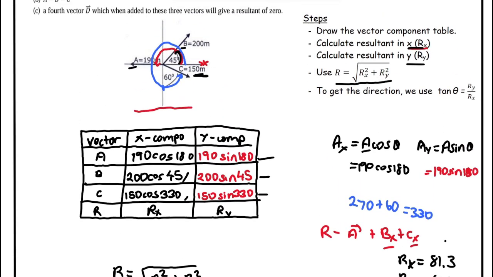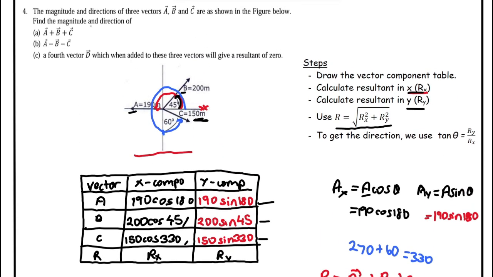Have we been asked to get the direction? Find the magnitude and direction. Yes, we have. So since we've been told to get direction, we have to use tan theta is equal to Ry over Rx.